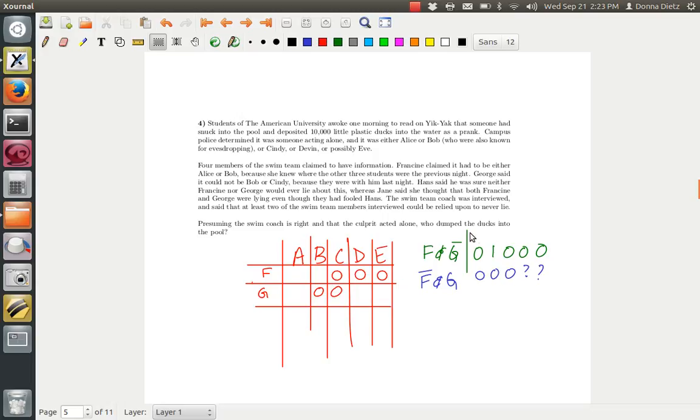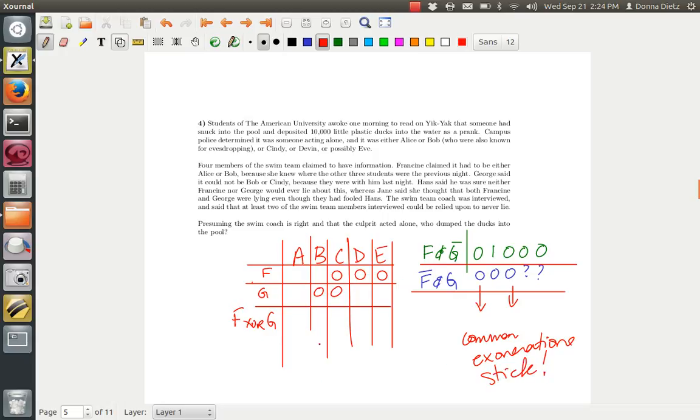So what happens if we said F exclusive or G? In this situation, we have to say one of these is true, which means any common exonerations have to stick.